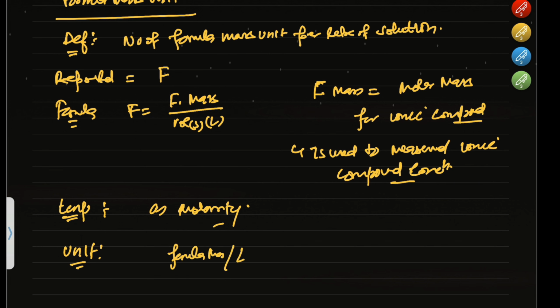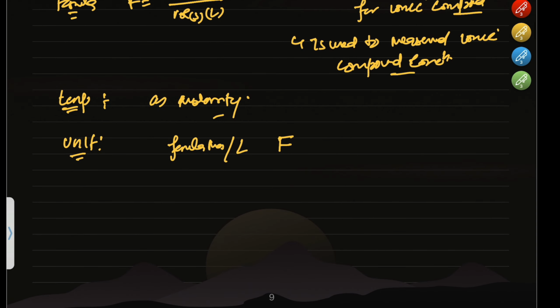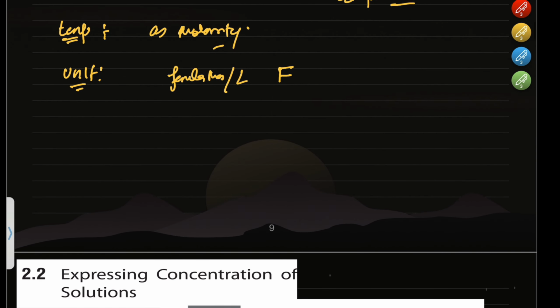Formula: mass per liter, or simply capital M. Next is mass percentage.